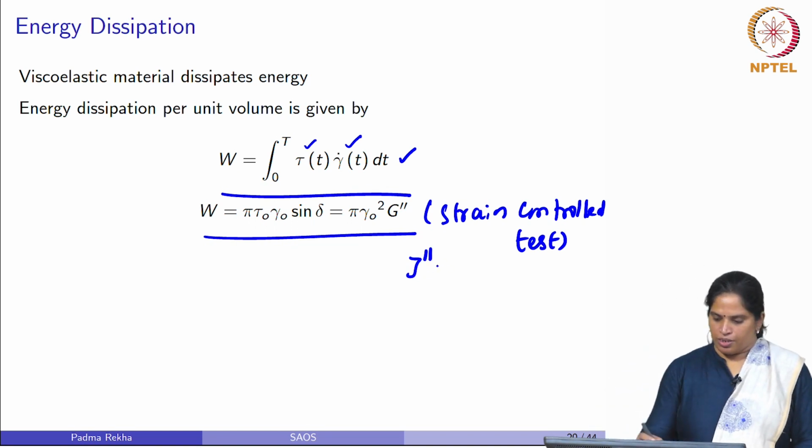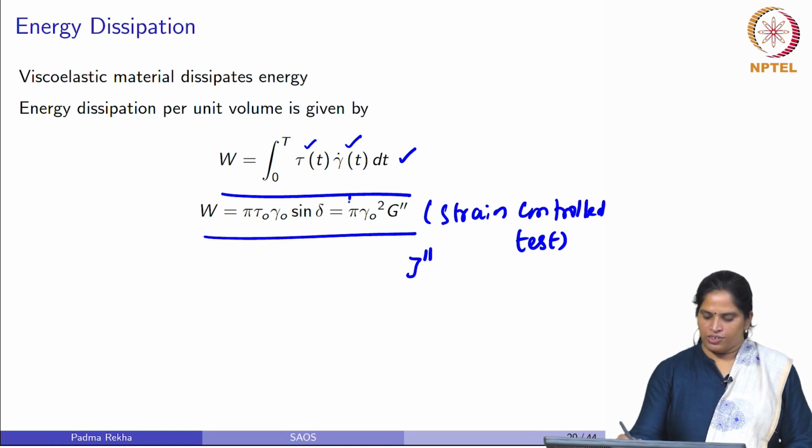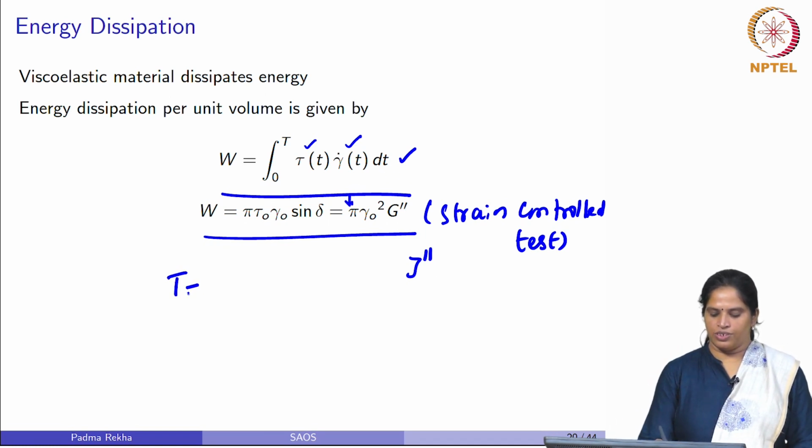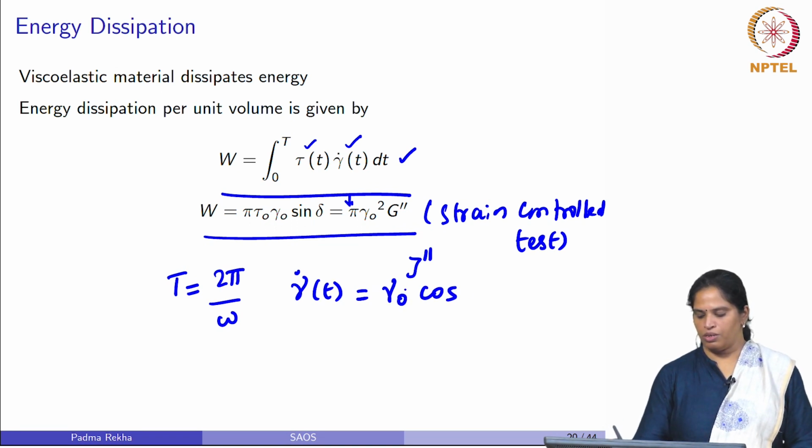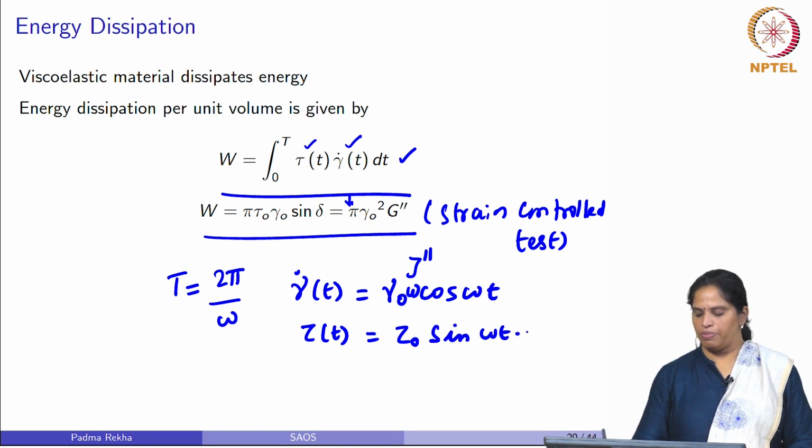A simple way to solve this is to use a T value which is one waveform, the time taken to complete one waveform, so it is 2 pi by omega. With a strain control test, gamma dot is gamma naught omega cos omega t, and tau of t for a viscoelastic response is tau naught sin(omega t plus delta).